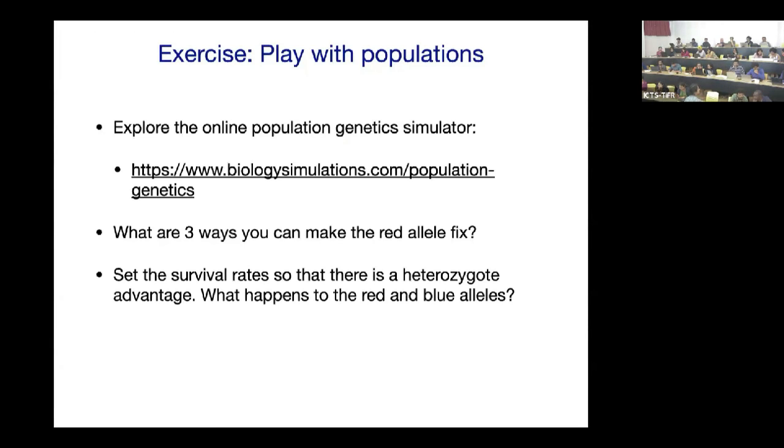Okay. So he's saying that if your heterozygote advantage is high, the red and the blue alleles will always have the same frequency. Is that what everybody's finding and expecting? Yeah? Okay. Can you change that? Is there a way to make it different? No way to make it different?